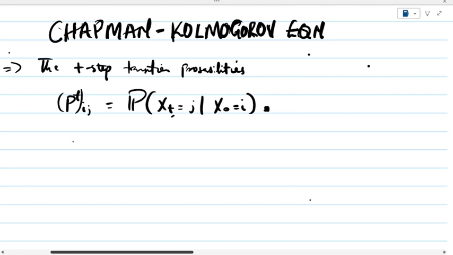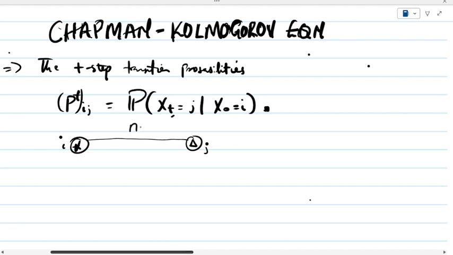Alright, so let's assume that we have a state here and we have another state here. This is my current state I, and this is the state I'm going to, which is state J, and that is over n steps from here to here.